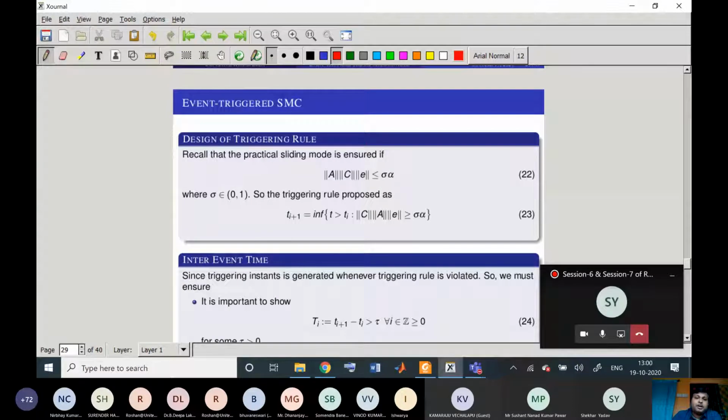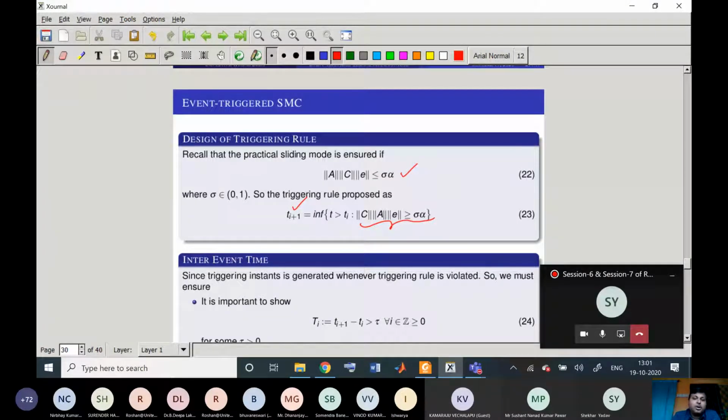Now this is the triggering rule. From the condition we have achieved to guarantee the stability of the sliding motion, that is S, we got this triggering condition, and we can say that the next triggering instant t(i+1) will be generated only when this triggering condition is violated.